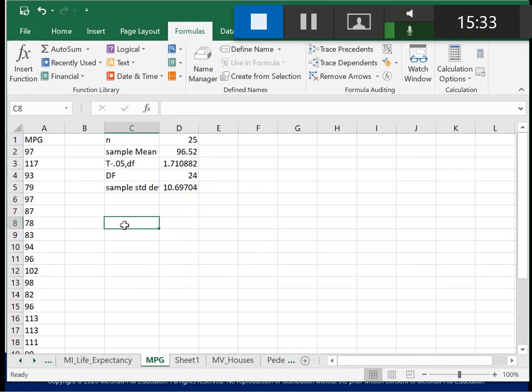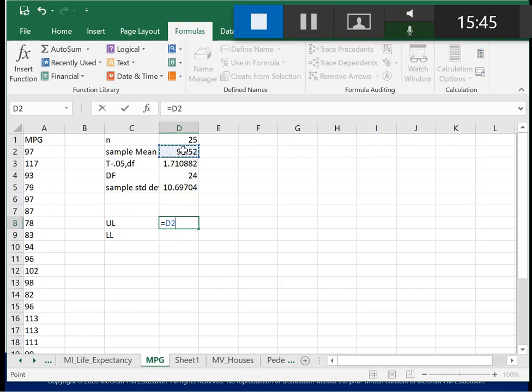So our formula for the confidence interval, we've got the upper limit and the lower limit. Remember, it's our mean.